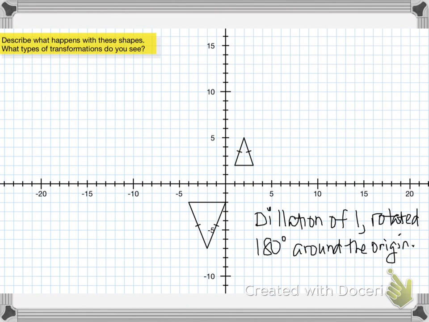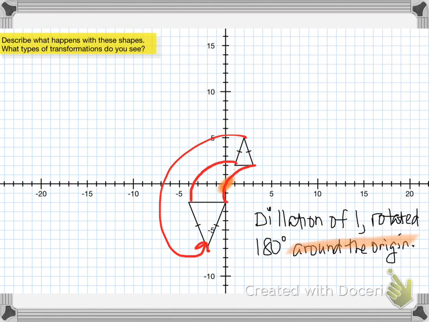A dilation of 1 rotated 180 degrees around the origin. When you hear something called around the origin, imagine that you're spinning this triangle. So watch. This got rotated to that point, this got rotated to this point, and then that one went here.